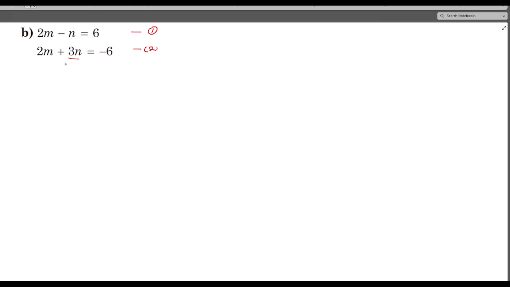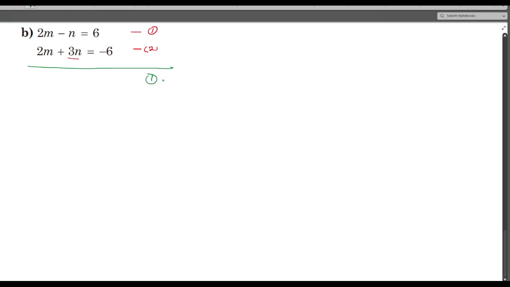Here, as the coefficients are the same, and their sign is also the same, so better I will subtract. So from 1 we are subtracting 2. When we are subtracting, their sign will change. This +2m will become -2m, this +3n will become minus, and this -6 will become plus.